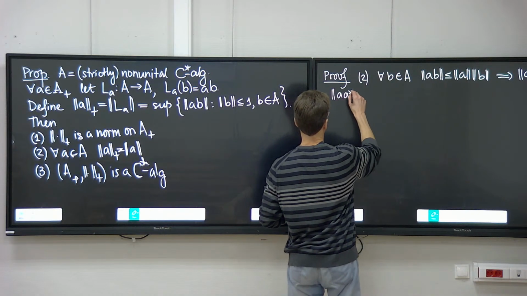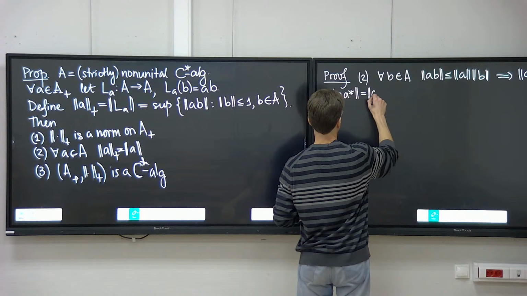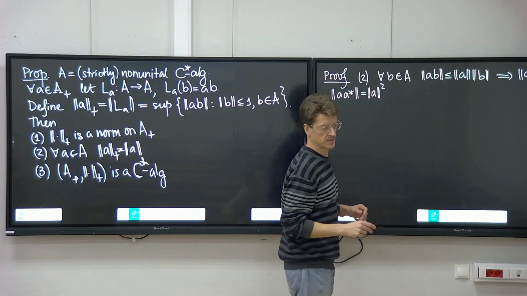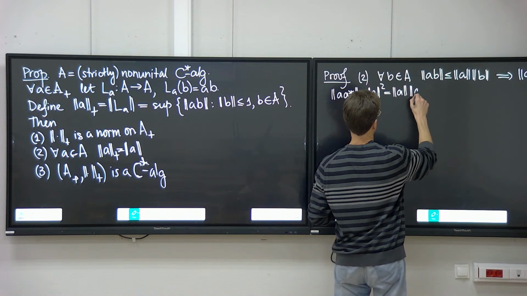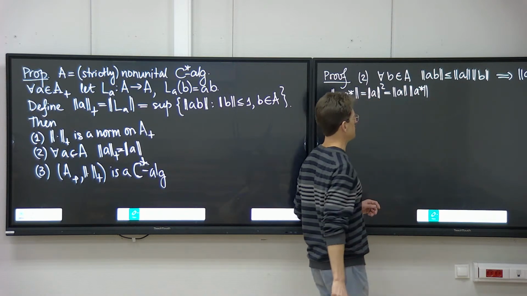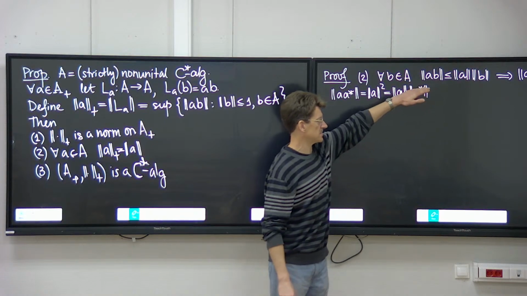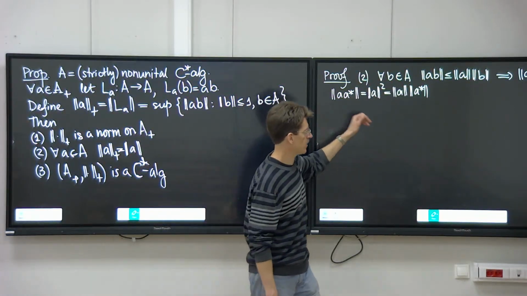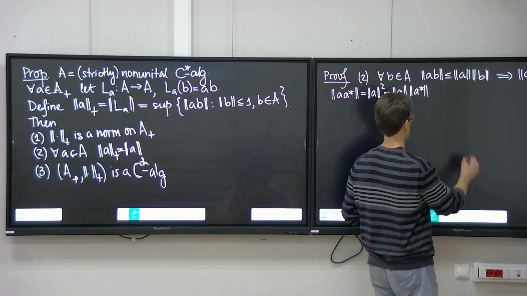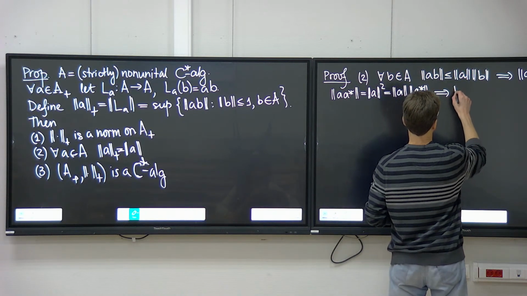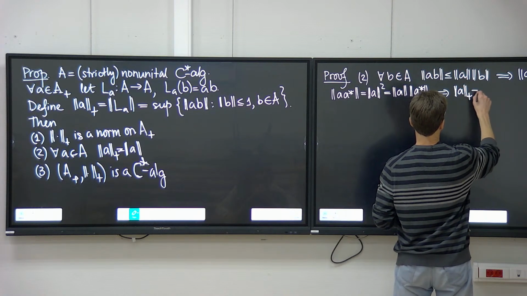The norm of a star a is, by the C-star axiom, the norm of a squared. And this is the same as the norm of a times the norm of a star. So if b equals a star, then this is an equality. And so actually the supremum is equal to the norm of a. So we deduce that these two numbers are the same.